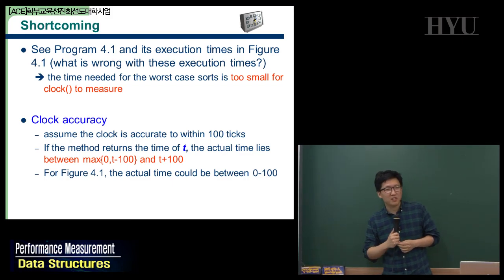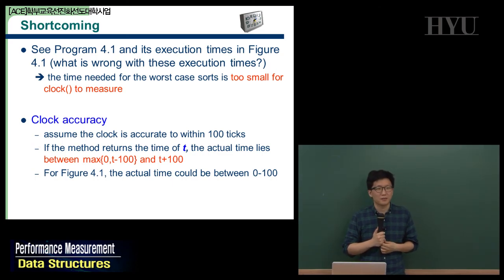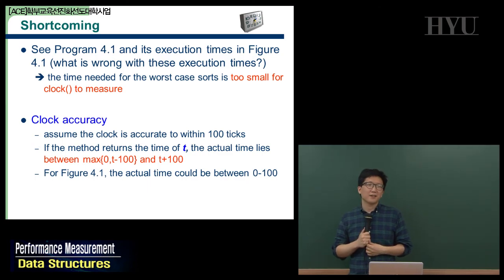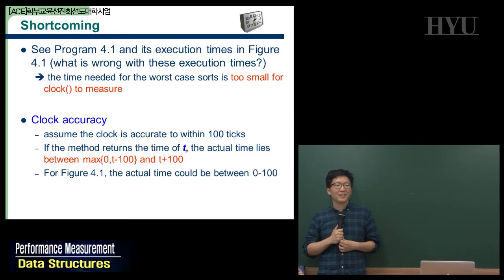Again, what might be the potential problem? Not a potential, it's quite clear. What is the problem with this approach? Let's say accuracy, clock. Maybe your program finished too fast.